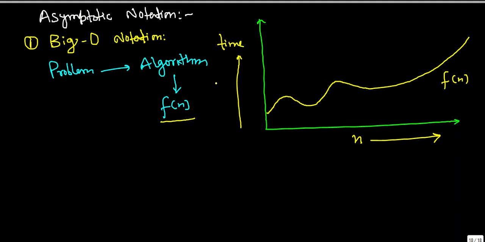So now our task is to find another function g(n) which could be drawn like this, and this function is c into g(n), and c is a constant which is greater than or equal to 0.